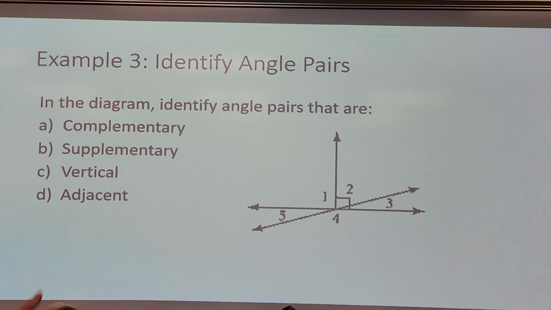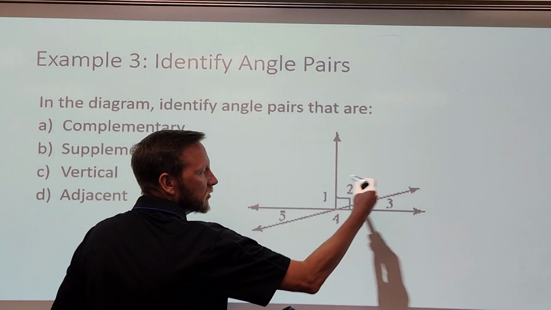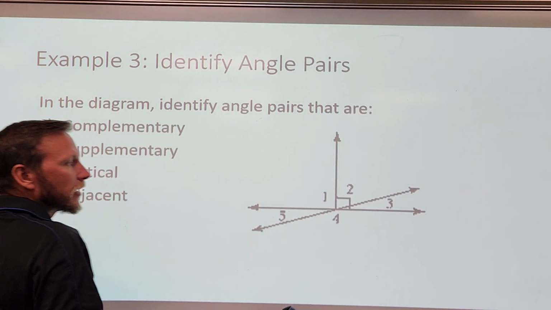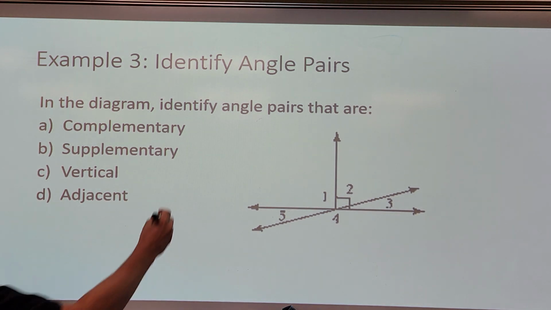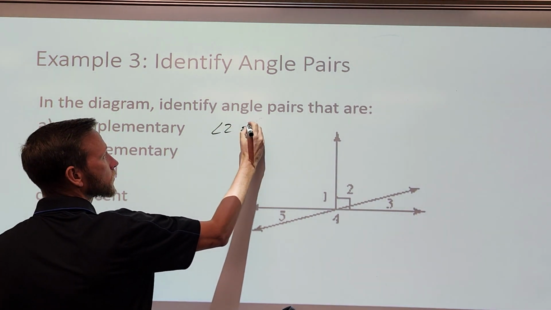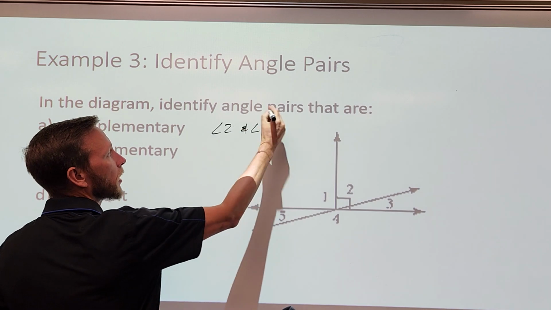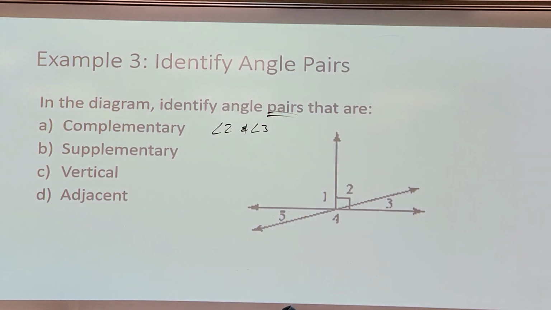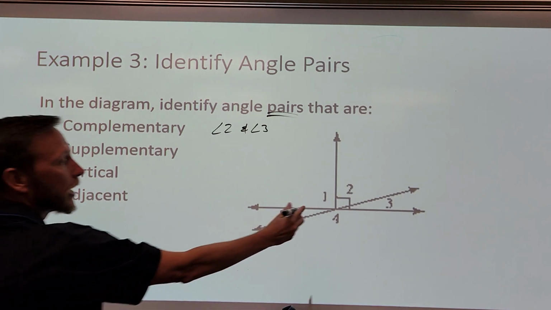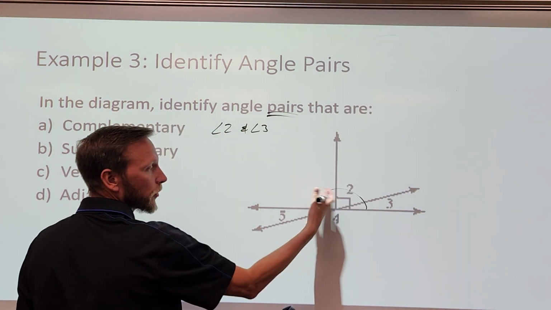And so here we have a low resolution diagram, but we should note that we have a pair of angles that make 90 degrees. Angle 2 and angle 3 are complementary. We're always only talking about pairs. If we have 3 angles that add up to 180, we would not call them supplementary, right?